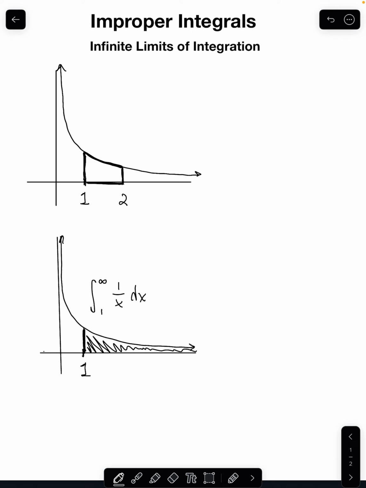There are two types of improper integrals. The first that we will look at in this video deals with infinite limits of integration, when the lower or upper limits of integration extends to positive or negative infinity. There are three situations that can occur here.